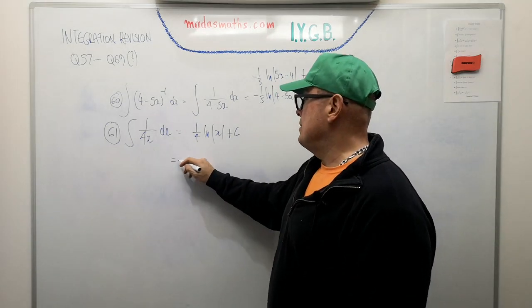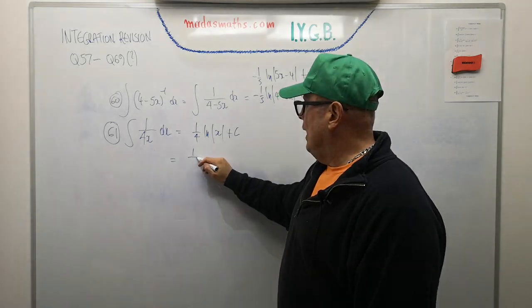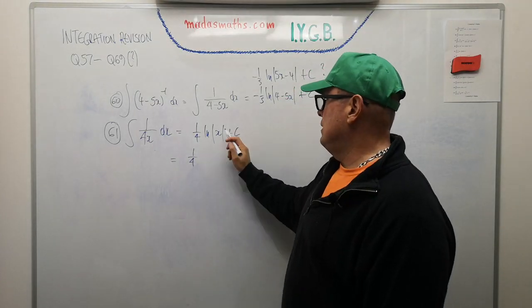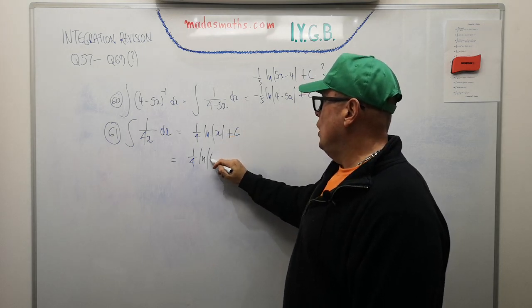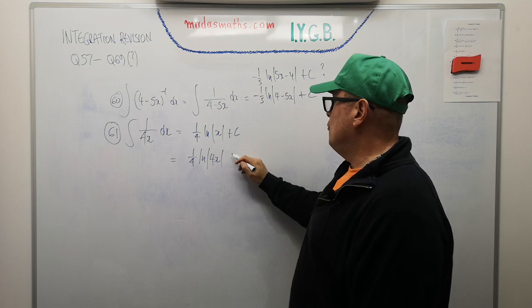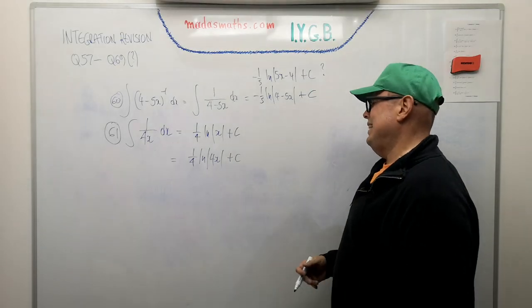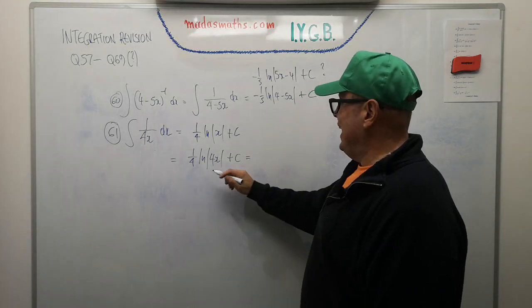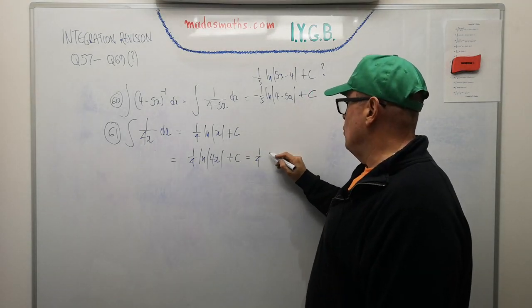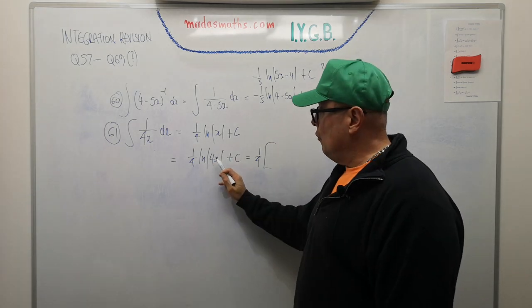Let me just show you what happens, very quickly for your understanding. Let's look at this. Somebody didn't do log mod x, and they put a quarter log of mod 4x plus c. Technically it's correct, but I don't like it personally, because you can actually write this as a quarter, I'm going to use a bracket and split this log using the rules of logs.